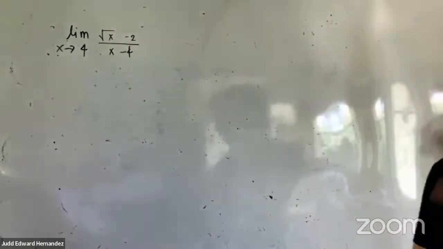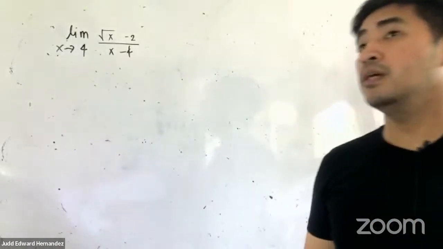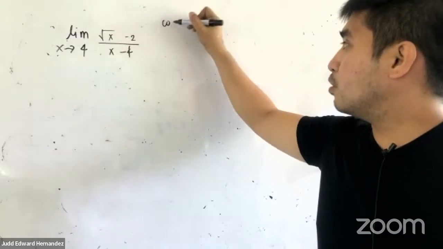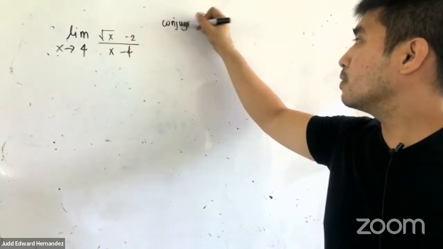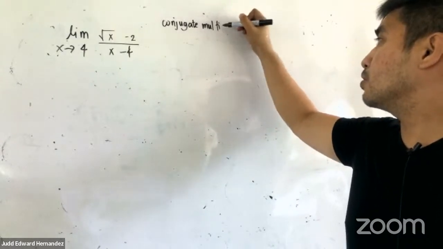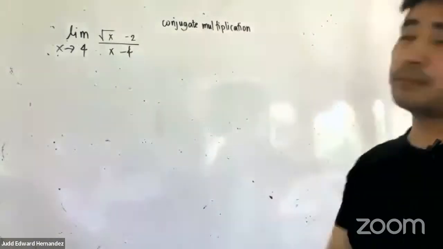Okay. Actually, there are two ways in which you could solve this one. The first one, yung pag-aaralan natin na ngayon na method, is by conjugate multiplication. Okay, ano po ba ibig sabihin ng conjugate? Pag sinabi natin conjugate, imumultiply natin sa kanya kabaligtaran niya.